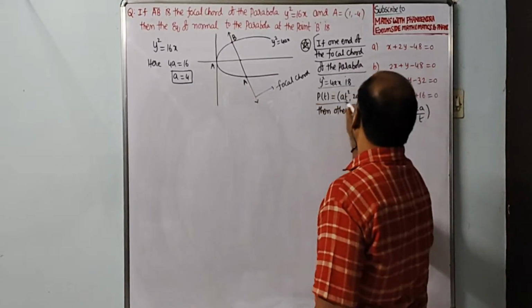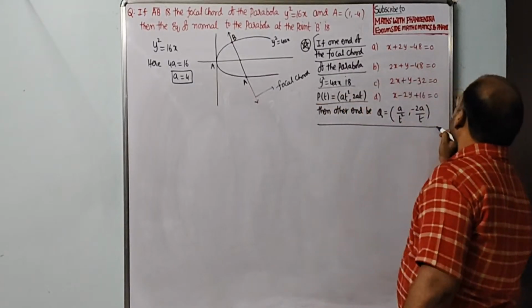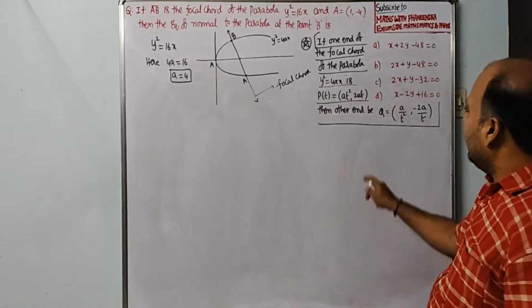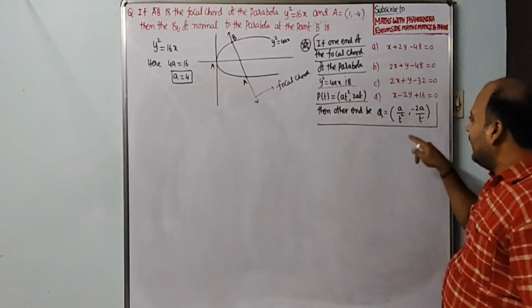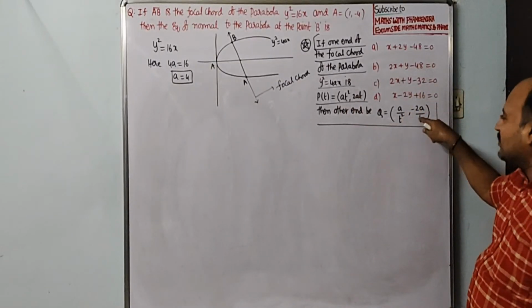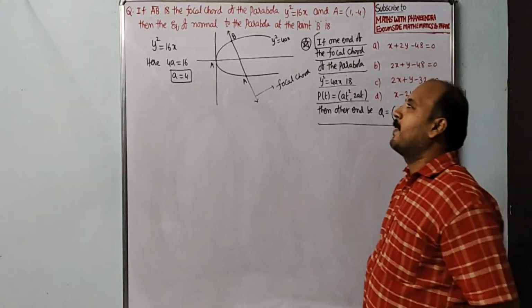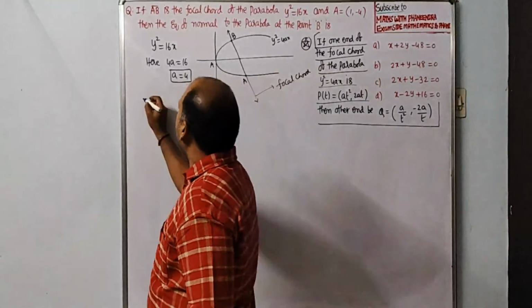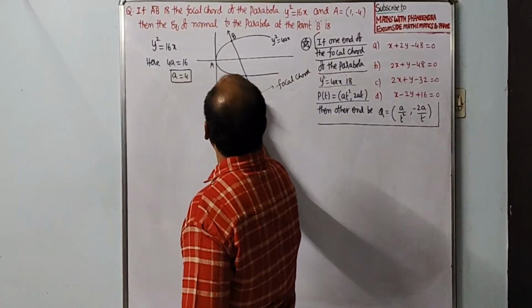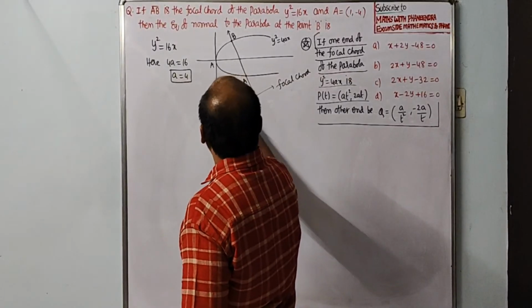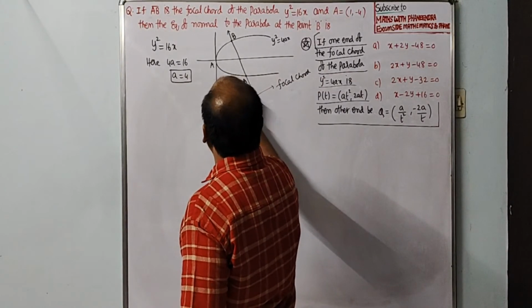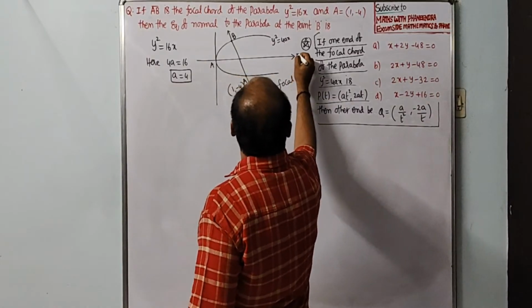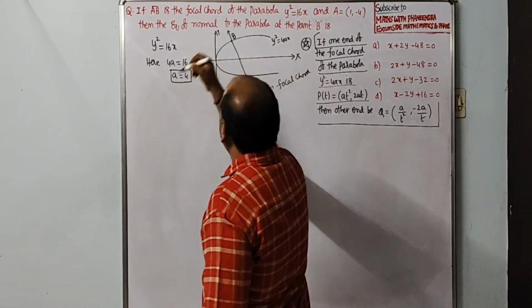Okay, I hope you understand this, students. One end is at square comma 2at, the other end is a by t square comma minus 2a by t only, no? See, one end is given. Plus 1 comma minus 4. Absolutely, it is in the fourth quadrant itself. This is x-axis, this is y-axis, no?